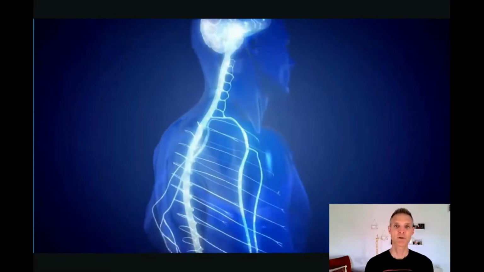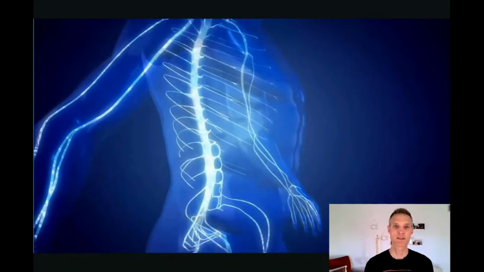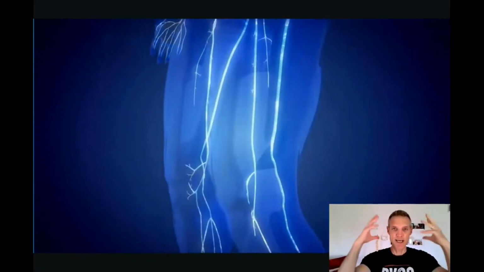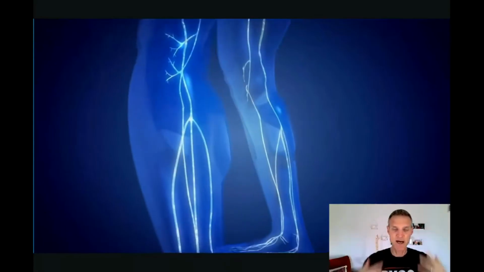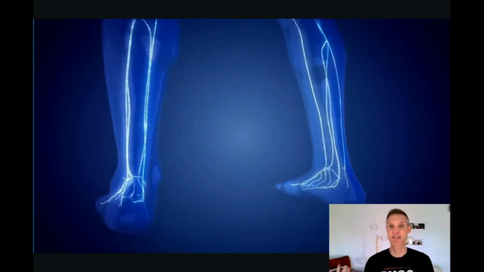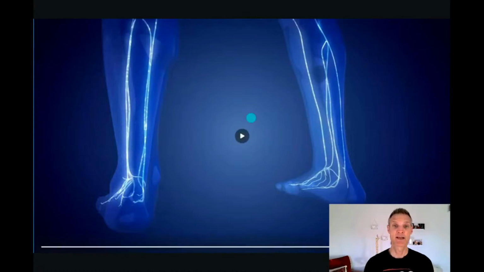And so today, we're going to talk about radiculopathy and what that is. So remember, with the spine and the nervous system, the brain sends signals down through the spinal cord, which is inside the spine, and it goes to every single cell, tissue, and organ in your body. And the nerves, obviously, go down your arms and the legs as well.